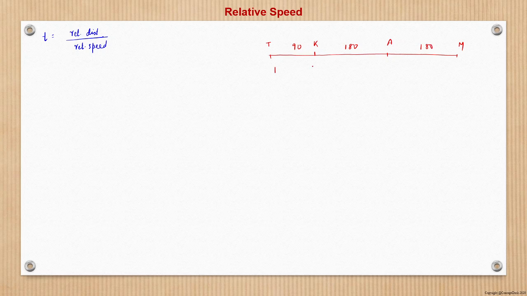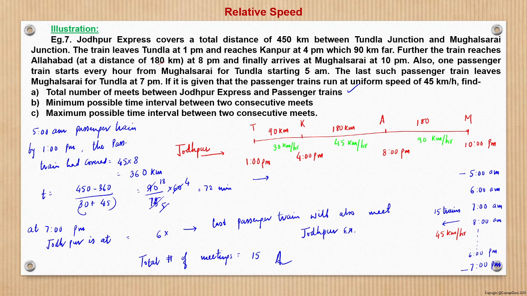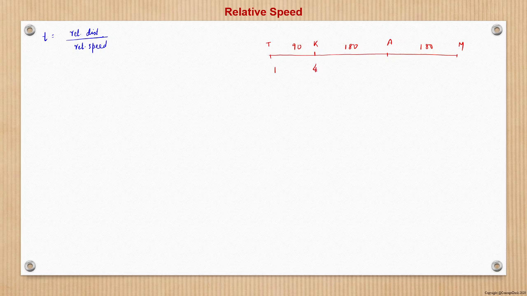The train starts from here at 1, and then 4, 8, 10 p.m., and 1 a.m. The speed becomes 30 kilometers per hour here, 45 kilometers per hour here, and here it is 90 kilometers per hour. Right? These are the speeds given.